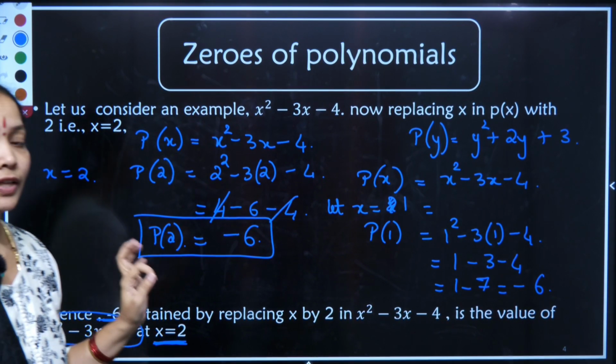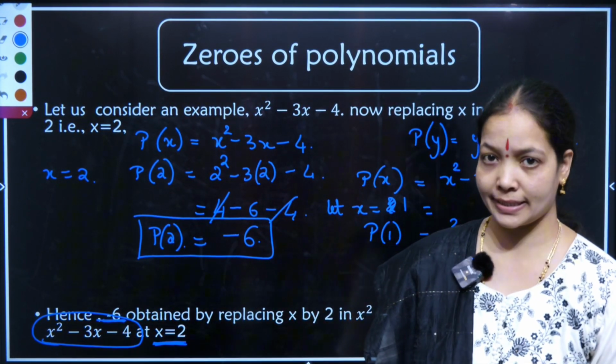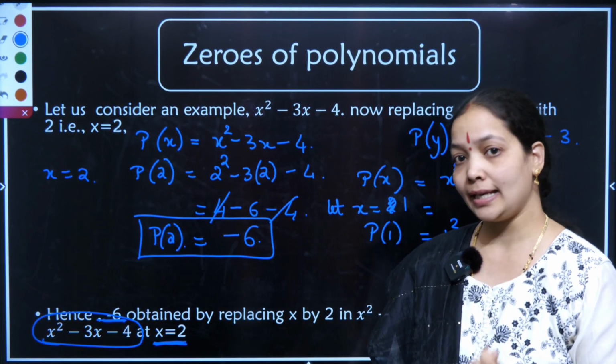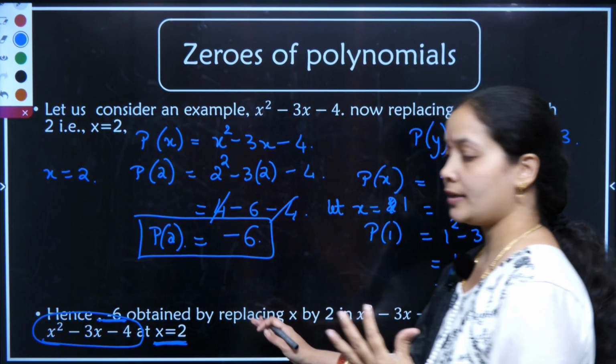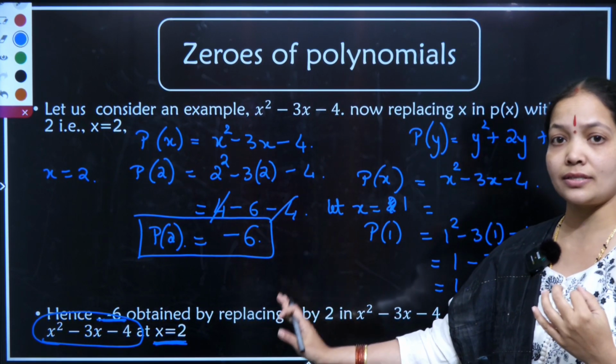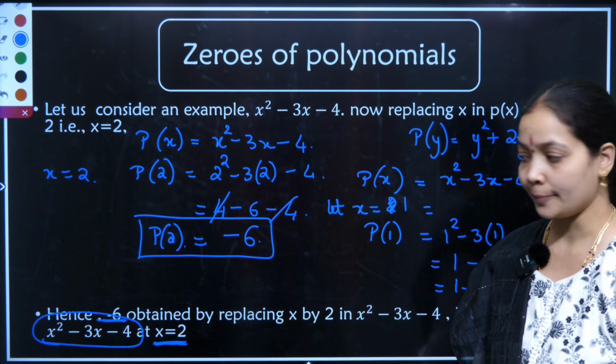At that point of time, I have to just think for it and take a particular value of x. You have to just analyze at what point of x the equation can give us an extra answer here. That will be known as the zero of the polynomial.